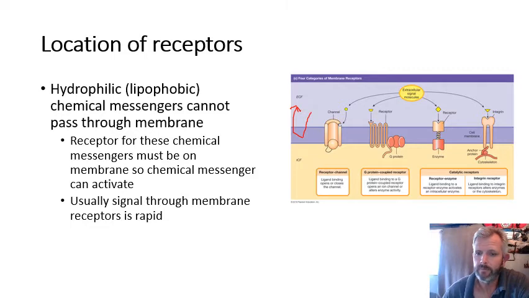Okay. And we have basically 4 classes of these receptors. We're going to have ligand-bound channel receptors. Basically, when the ligand binds, we're going to get opening of an ion channel. The most common or most utilized is G protein coupled receptors. So binding sites outside.